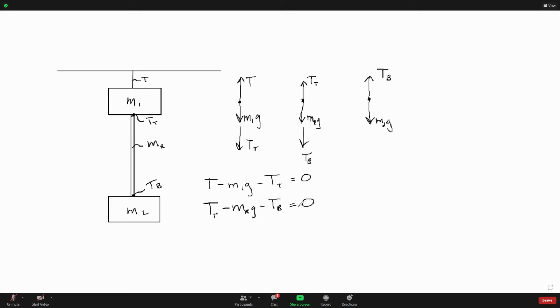And for the third body, we have T at the bottom minus M2G equals 0. So it's the equation of constraint that tells me that I can set all of these equal to 0 because A of the rope equals 0, A2 equals 0, and A1 equals 0.